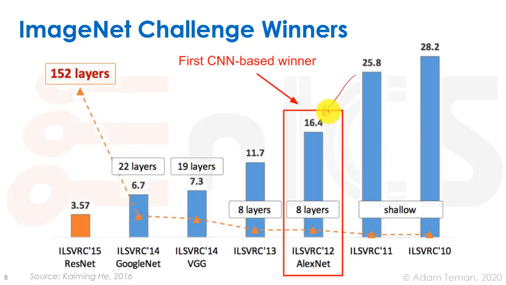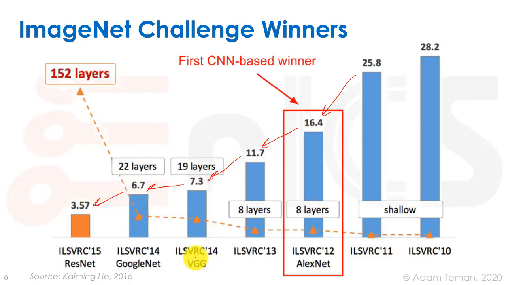It got almost a 10% gain over what the last year had brought in. AlexNet was already a deep network. It already had 8 layers, and it used all kinds of things like GPUs to train it. We'll discuss AlexNet again later. But you can see in the yellow line here the growth of the number of layers actually used to win the ImageNet challenge, and you see that the accuracy kept improving.